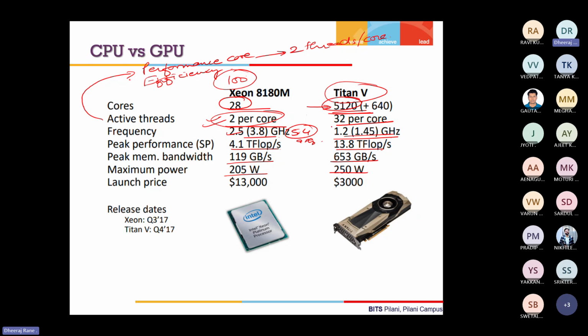But here, just see that internally one GPU core can be considered as 32 threads, right? So that's why there is a difference in pricing as well, and altogether it's a monopoly that happens, right? So you can go through the rest of the specification as well.